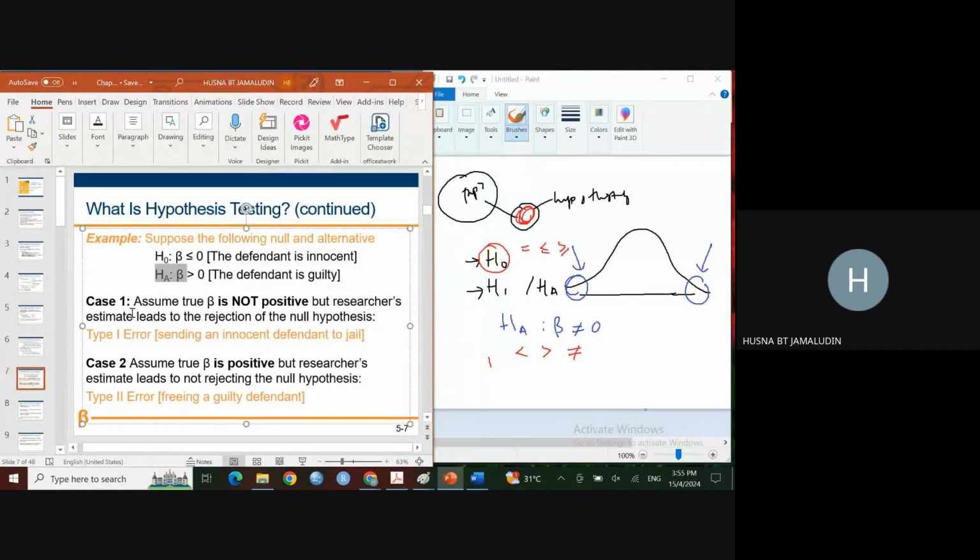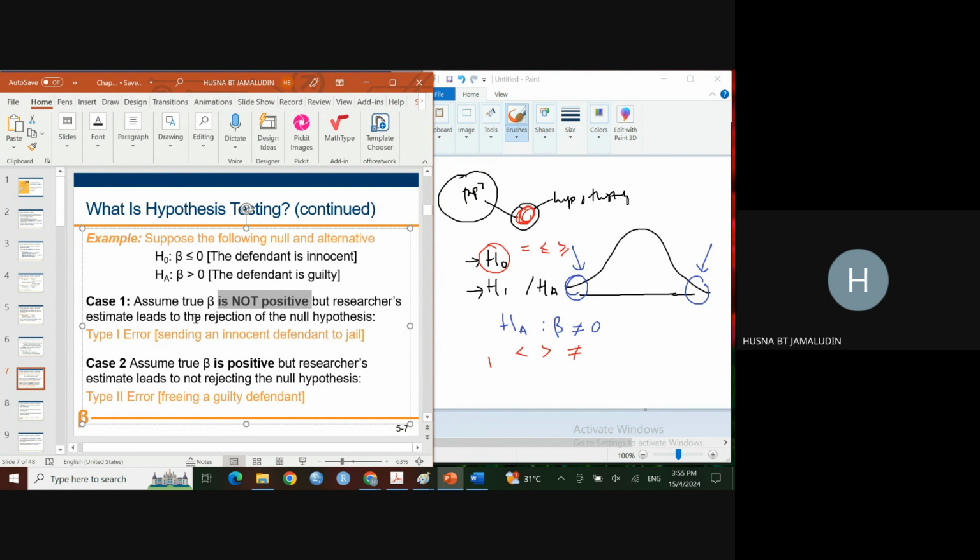So case 1, you assume true beta is not positive, but the researcher's estimate leads to rejection of the null hypothesis. So this is what you call type 1 error. Basically, what is type 1 error?